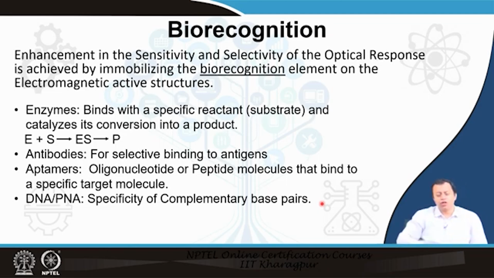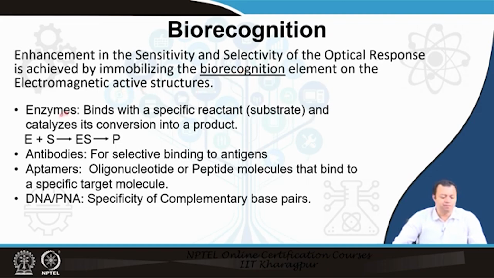How do you know that your blood glucose meter is only detecting glucose, not anything else in your blood, and giving false information? You have to be very, very specific. So, the enhancement in sensitivity and selectivity, the selectivity is the most important part of the optical response, is achieved by immobilizing the biorecognition element on the electromagnetic active structure.